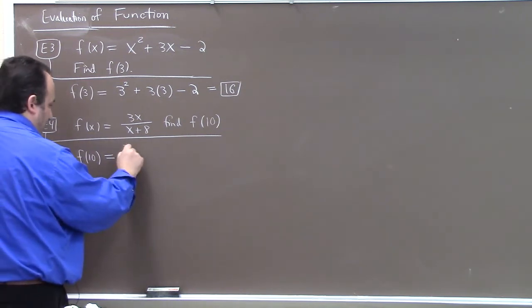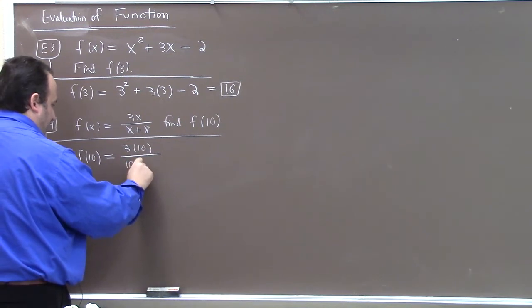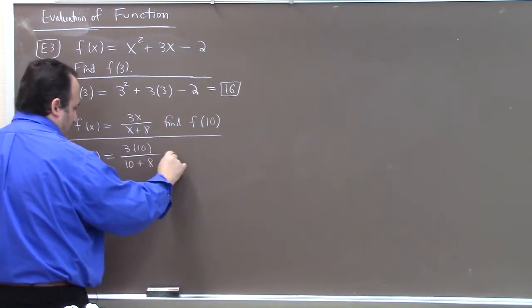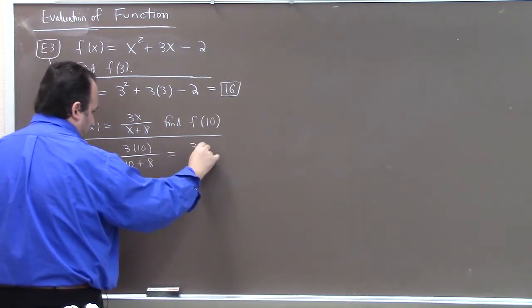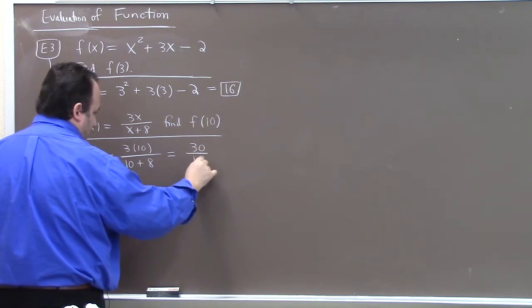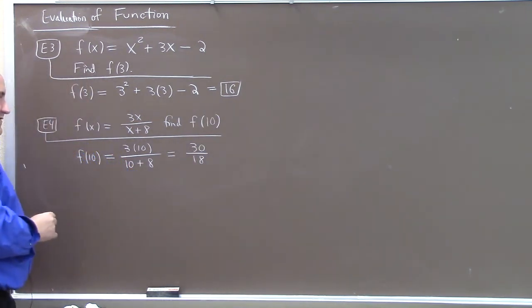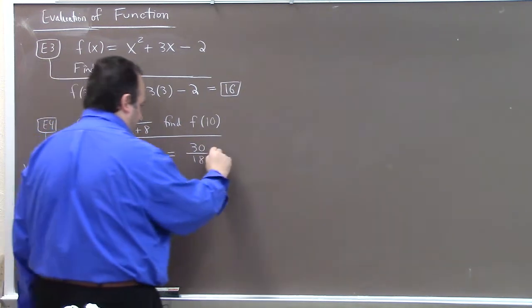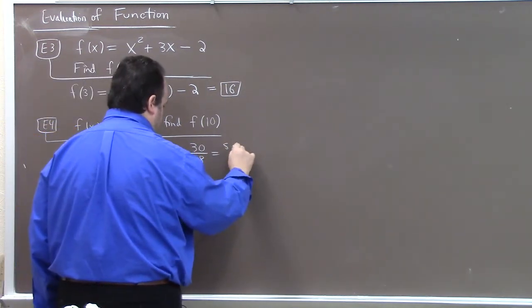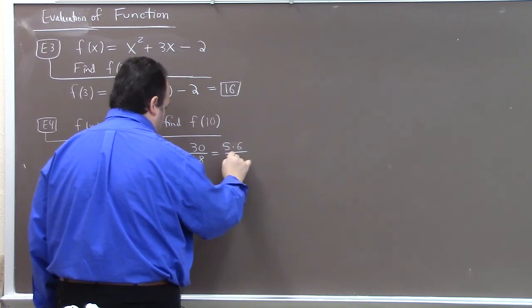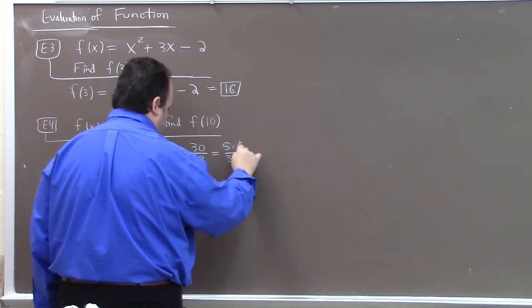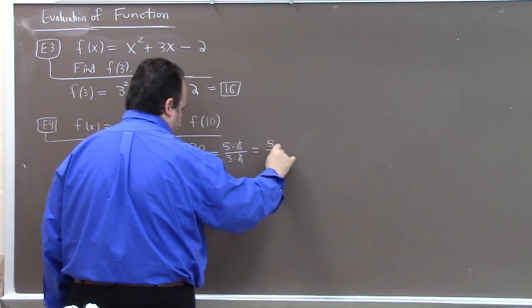So we've got 3 times 10 over 10 plus 8. So we've got 30 over 18, which is 5 times 6 over 3 times 6. So, like you said, 5/3, yeah.